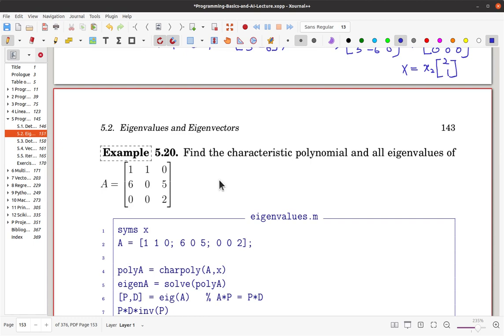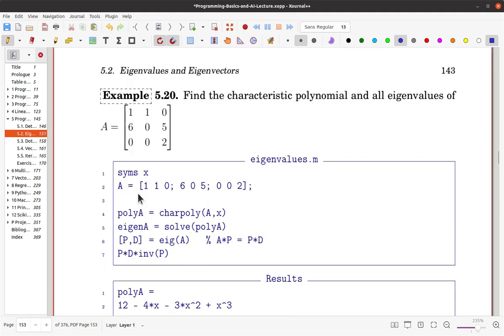Find the characteristic polynomial and all eigenvalues of the matrix. Now you can get it quite easily, but let's start with a computer program in MATLAB.